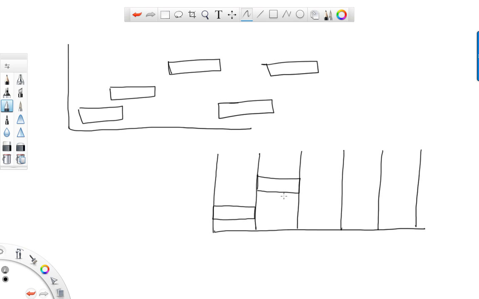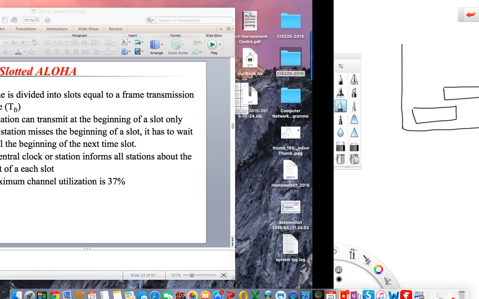It cannot start here. In aloha, you can, but in slotted aloha, no. If you miss this time, then you have to wait for the next slot and transmit somewhere here. So this is slotted aloha. Now there is some system here, some organization.